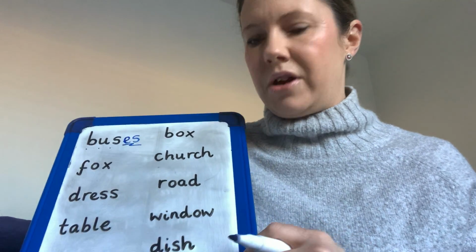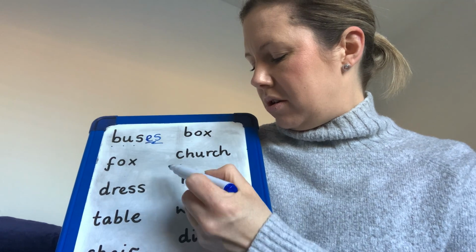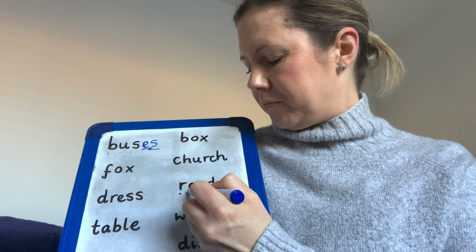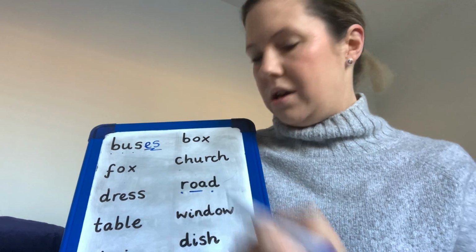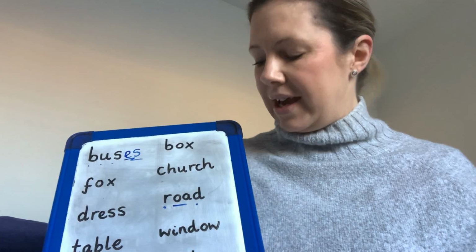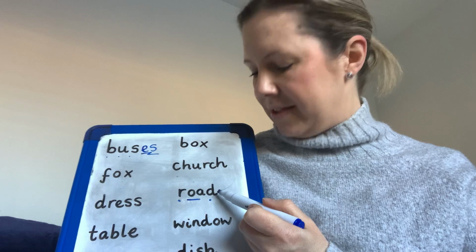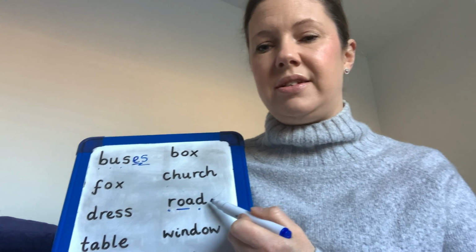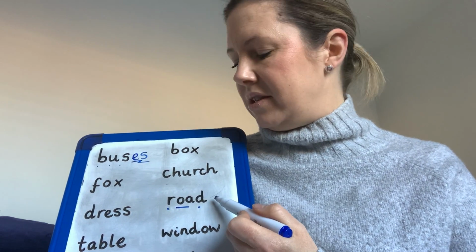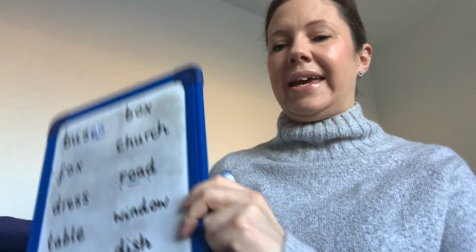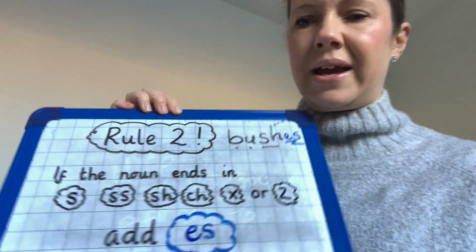Let's see if we can have a go at this one. Right, so we've got road. Okay, so let's have a look at this root word. We're looking at the end sound, which is a d sound, letter D making the d. Let's go back to the rule again and see what we have to do.